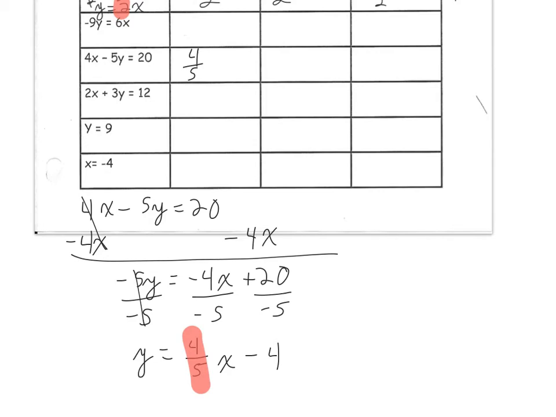That means my parallel slope, as it has been on all of my other examples, is going to be exactly the same. So we got 4/5 again. My perpendicular slope is going to be the negative inverse. So I change the sign. So I go from a positive to a negative.